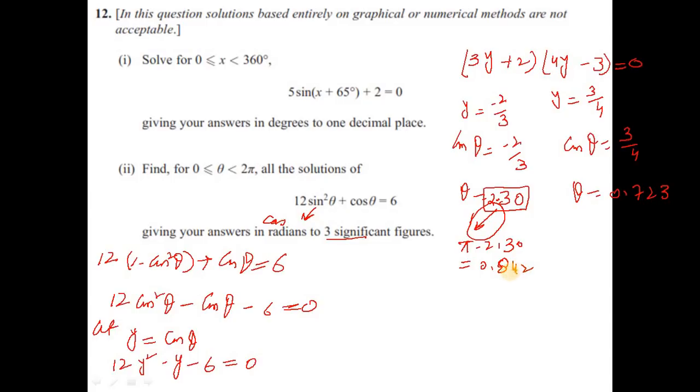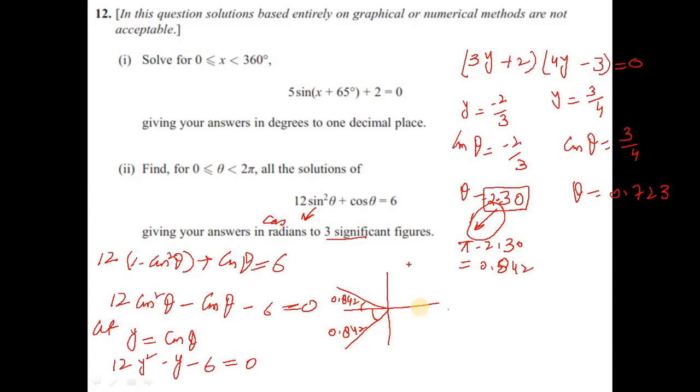This is the angle, we can sketch and visualize the rest of the angles. Because cos is negative, cos remains negative in the second and the third quadrant. So this is the angle 0.842, and the second angle is this 0.842.